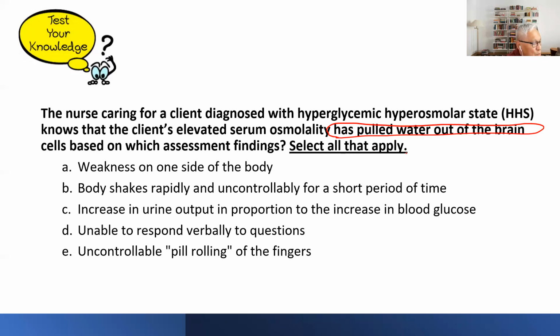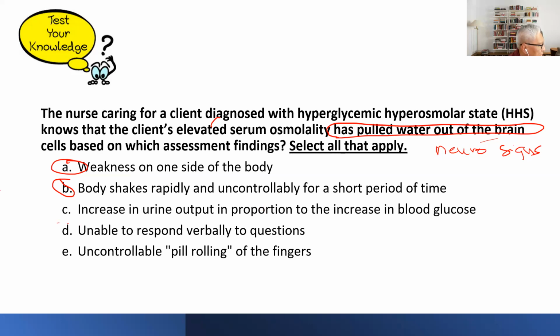But over here, it says pulled water out of the brain, meaning they're looking for neurological signs. So weakness on one side of the body is a neurological sign, so this is going to be correct. Body shakes rapidly and uncontrollably means this might be a seizure. That is going to be correct. Increase in urine output in proportion to the increase in blood glucose is not a neurological sign.